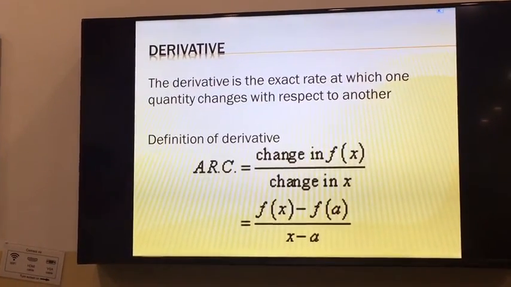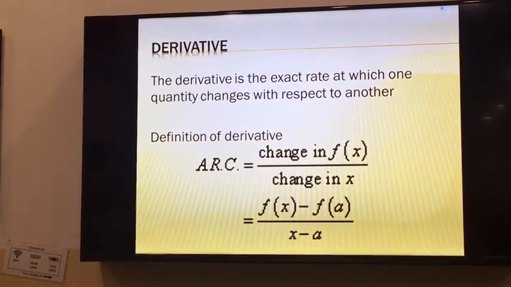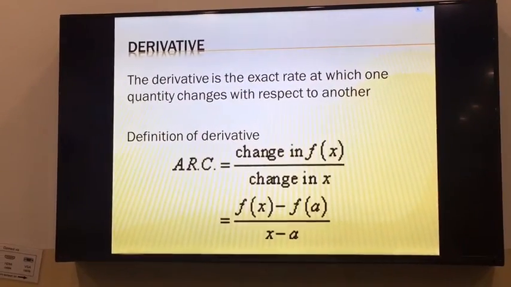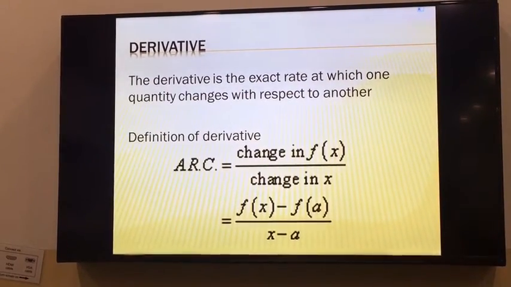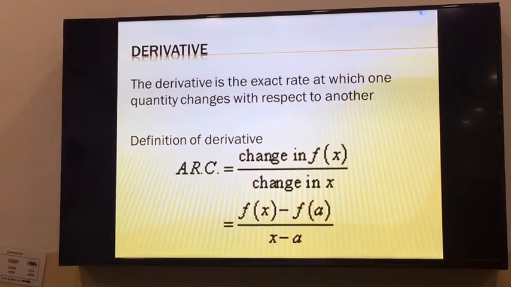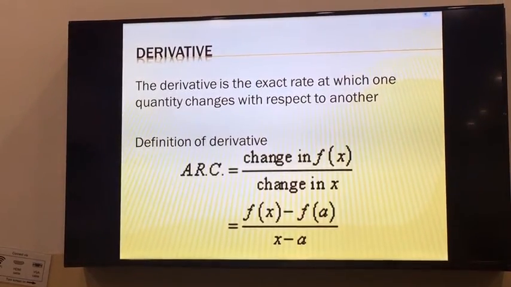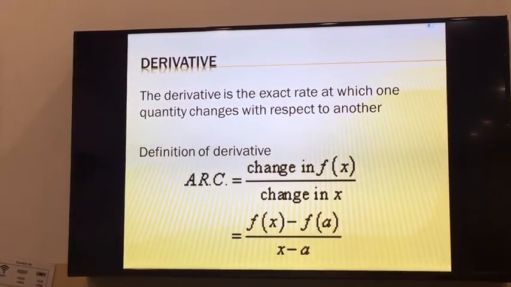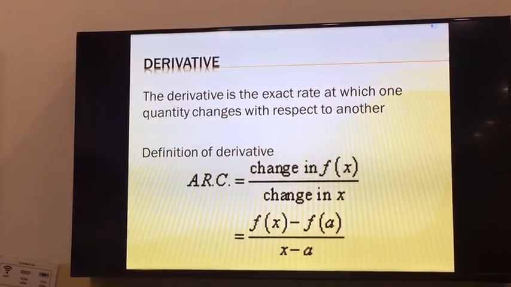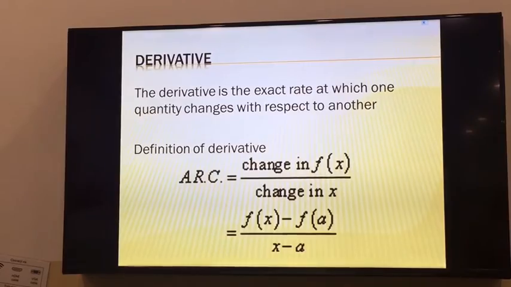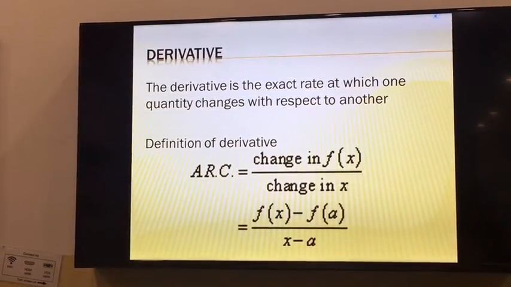To compute the derivative, we should turn to the example I mentioned before. To compute the average rate of change of f of x at x equals a, all we need to do is choose another point, say x, and then the average rate of change will be as it states on the slide.